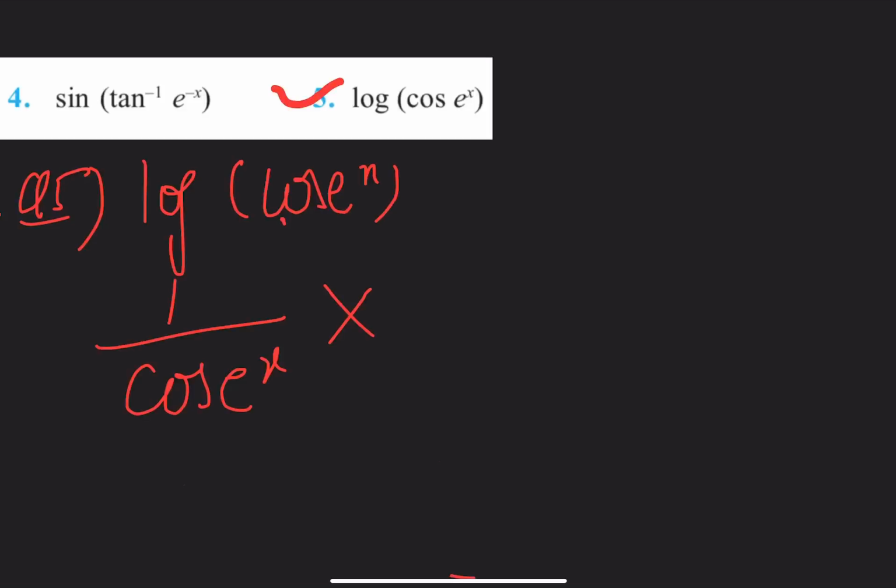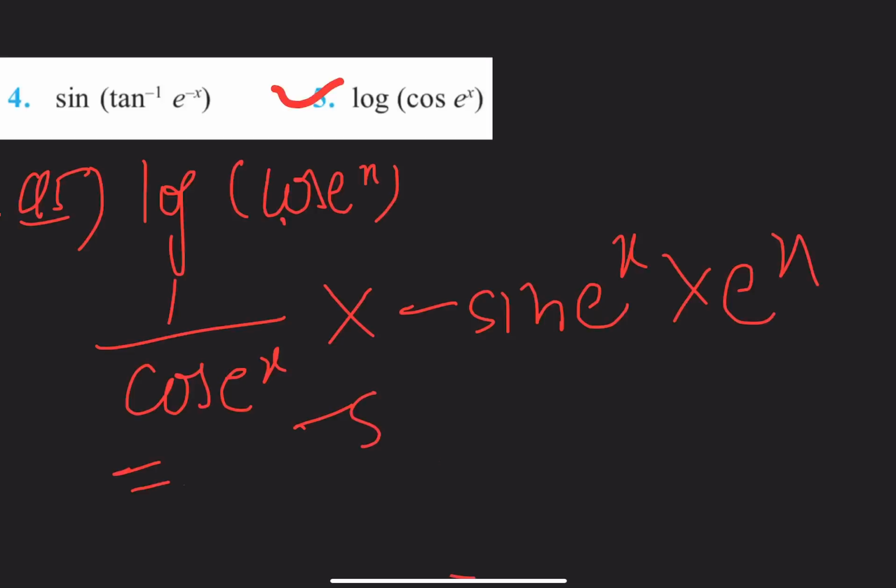Then you have to differentiate cos. Derivative of cos is minus sin. Instead of x, you have e to the power x. So write e to the power x into the derivative of e to the power x, which is e to the power x itself. So this becomes minus sin e to the power x upon cos e to the power x, into e to the power x.